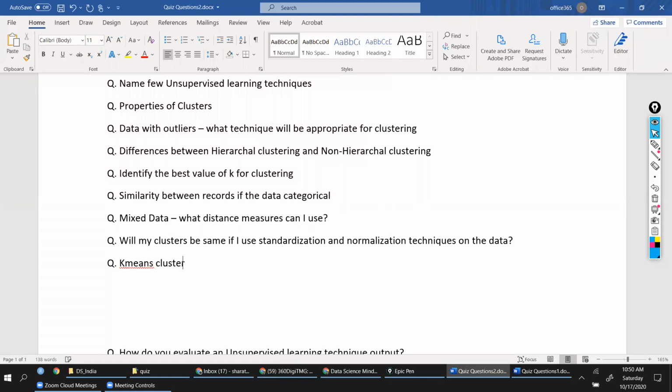K-means clustering, is the K-means clustering output same every time we execute?